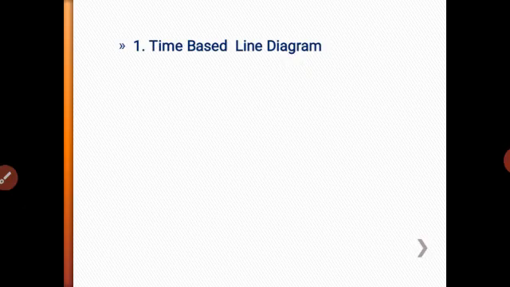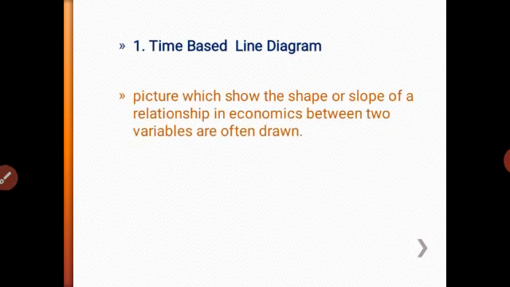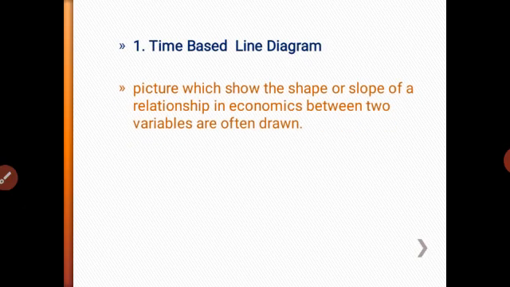The name is time-based line diagram. It shows the relationship based on time. In the time-based line diagram, the picture shows the shape or slope of a relationship in economics between two variables.